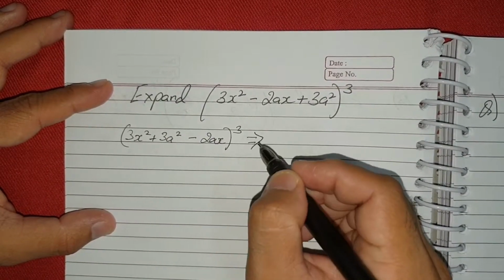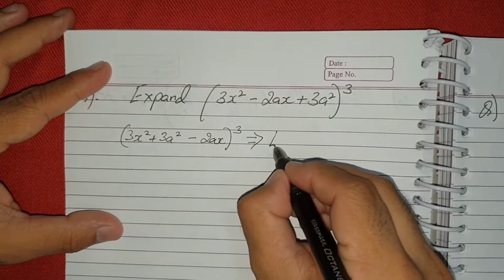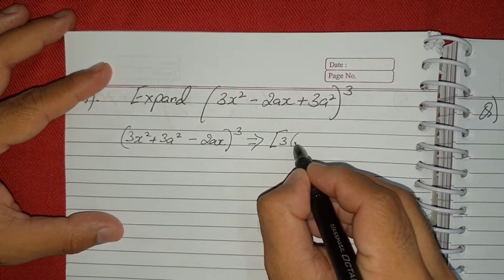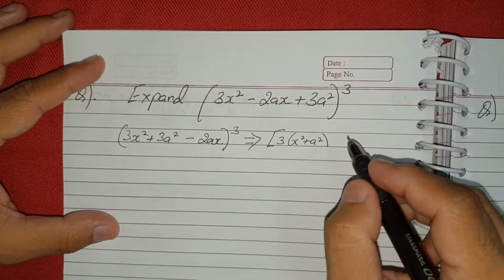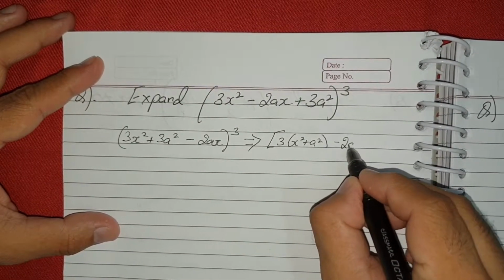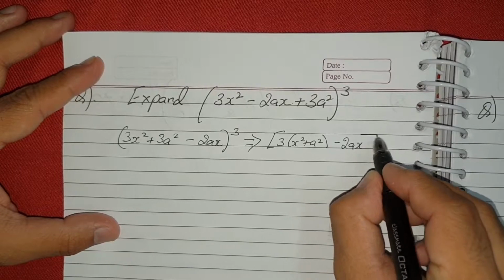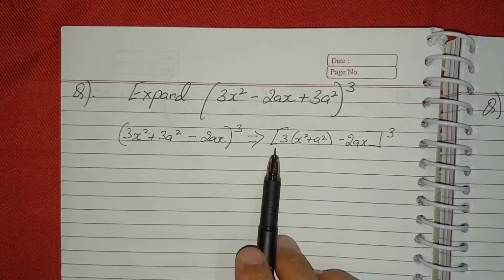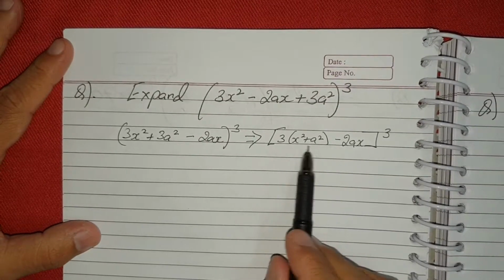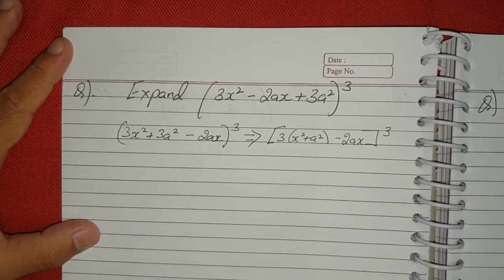So, actually you take 3 common: 3(x square plus a square) minus 2ax, whole cube. Now, applying the binomial theorem, taking this as x, this as y.